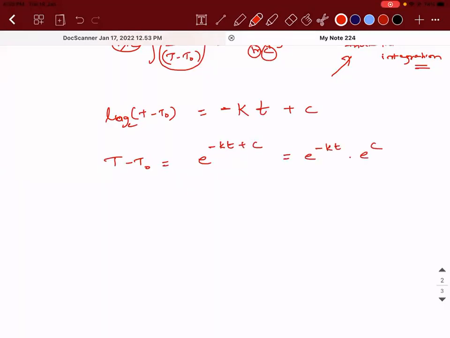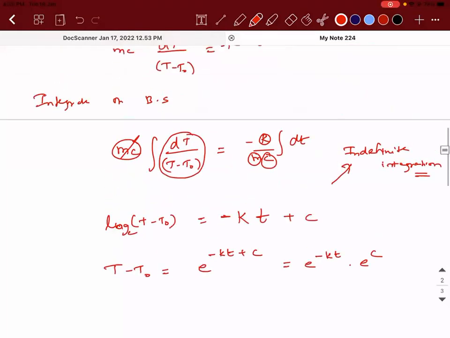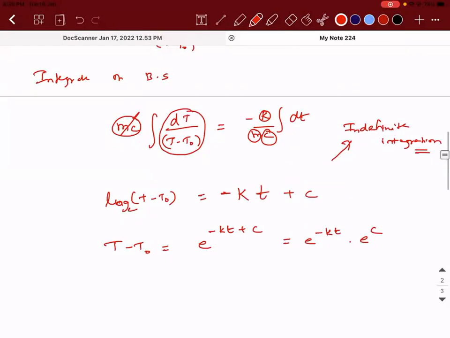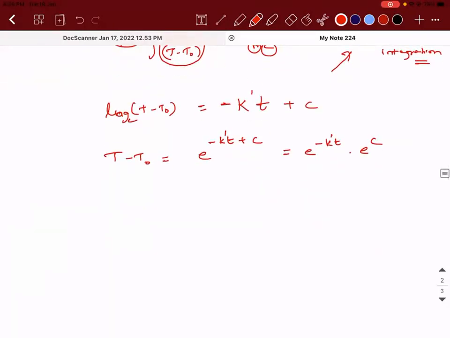Sir, can you write that as k dash because there's already k? That small k I want to convert. I'll write k dash, where k dash is k divided by mc. So observe e power minus k dash t.